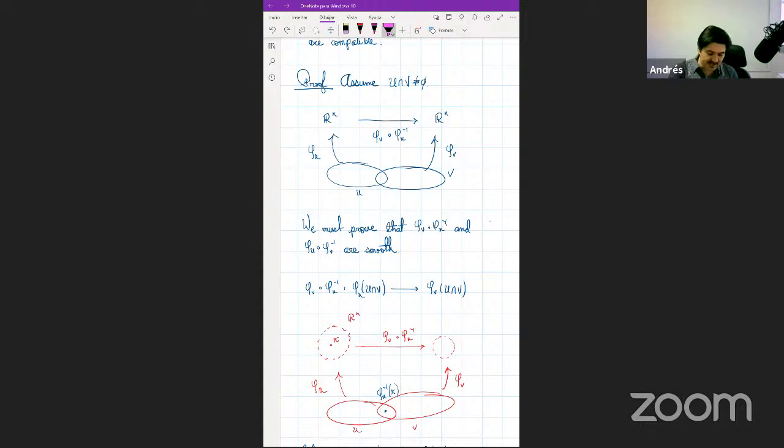What happens to x? x is mapped here under this, okay?